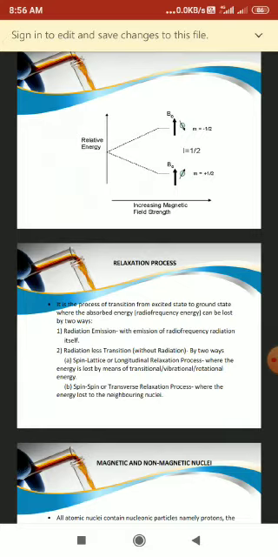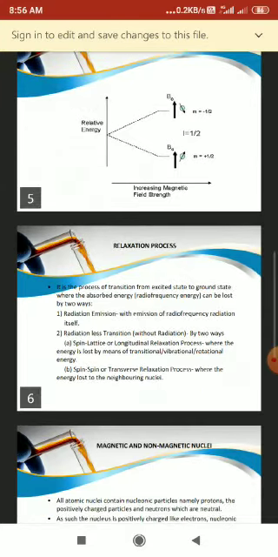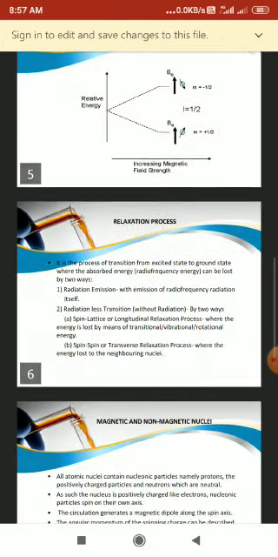This way is of two sub types. First, spin lattice or longitudinal relaxation process, where the energy is lost by means of translational or vibrational or rotational energy. And second, spin-spin or transverse relaxation process, where the energy is lost to the neighboring nuclei.